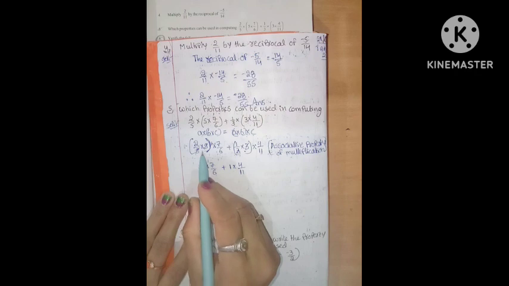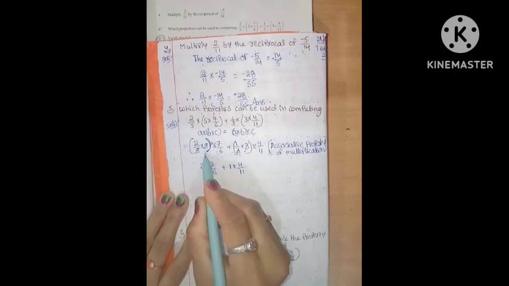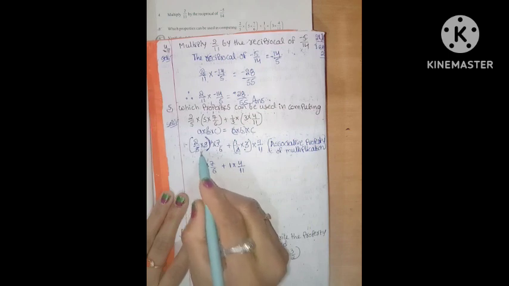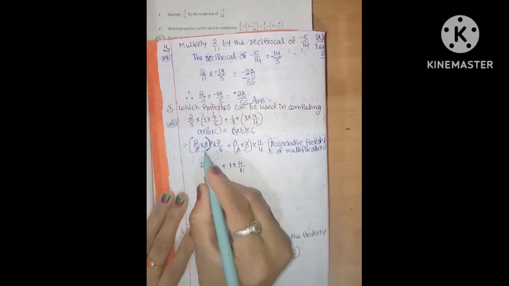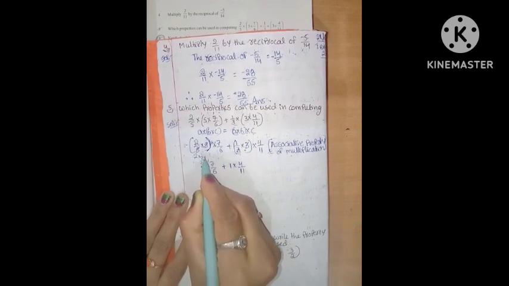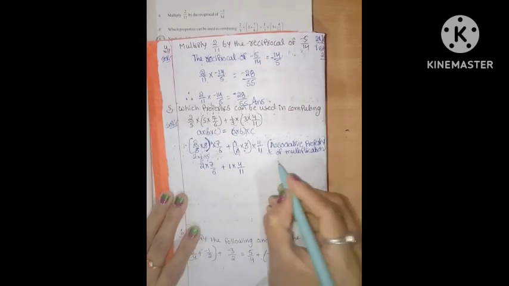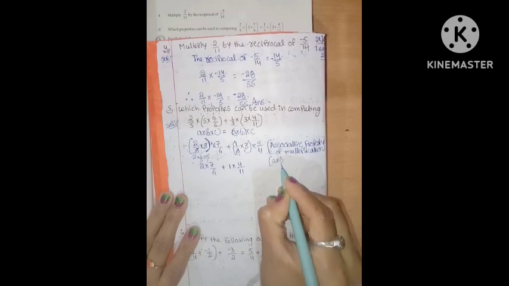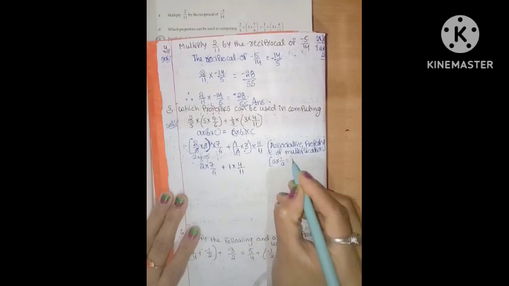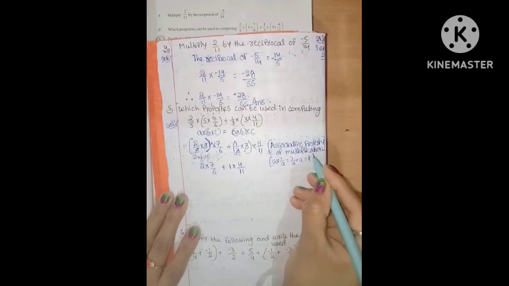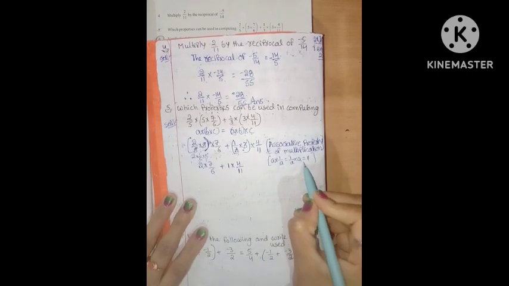Here we are also using another property. What's the property? 2 by 5 means 2 into 1 by 5 into 5. So what's the property? A into 1 by A equal to 1 by A into A equals 1.